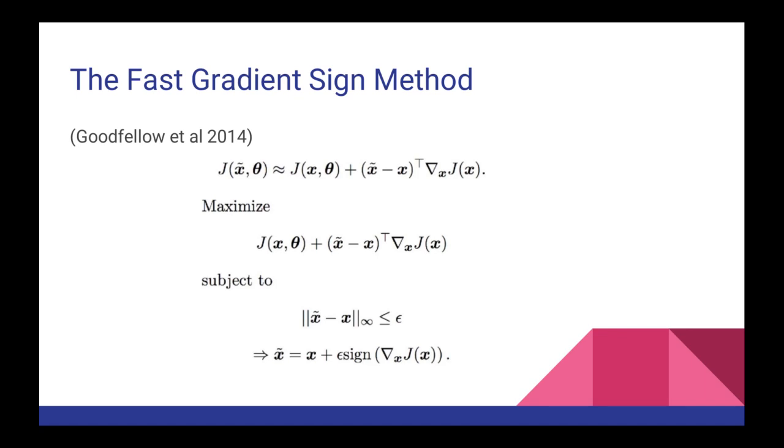This specific condition is put in to create images that aren't too different from the actual original image, but at the same time are able to fool the classifier.